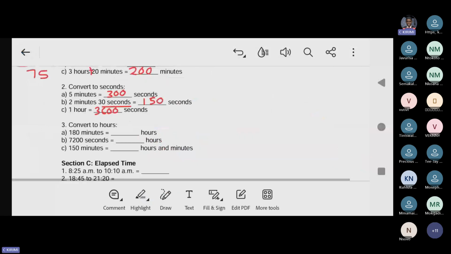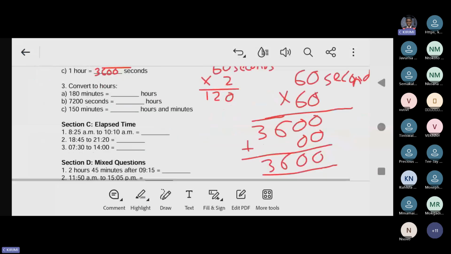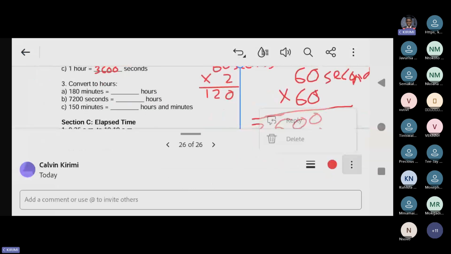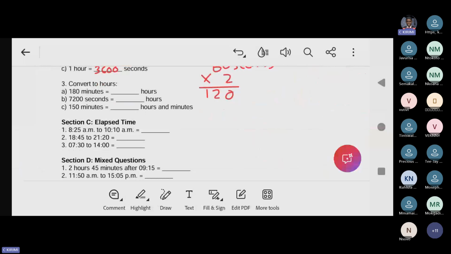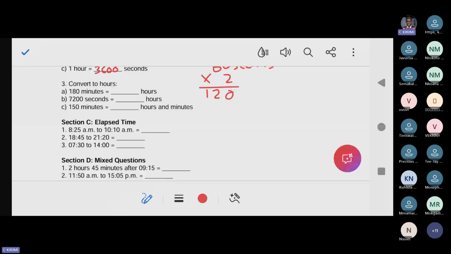If you are given 180 minutes, now we are using the reverse. We are converting to hours, which means you are dividing now. You divide the 180 minutes by 60 to get the number of hours, because we know 1 hour is equal to 60 minutes.